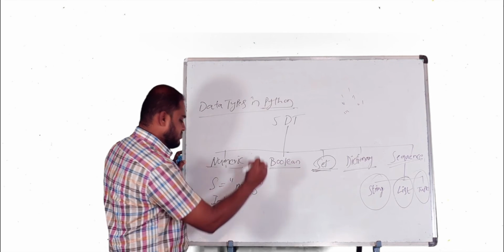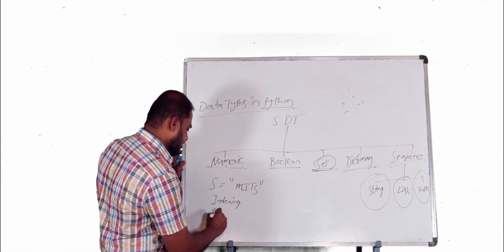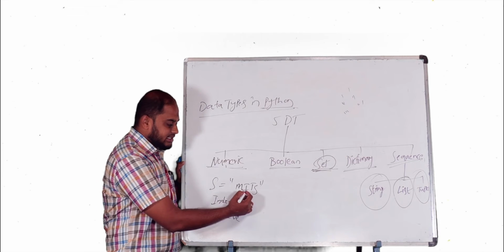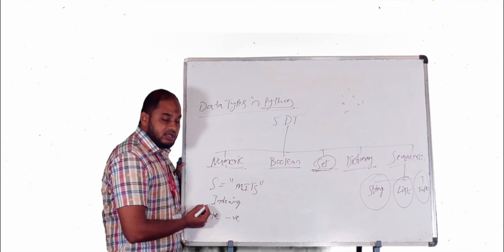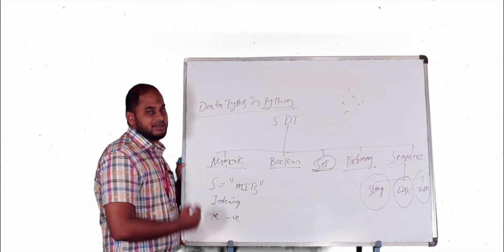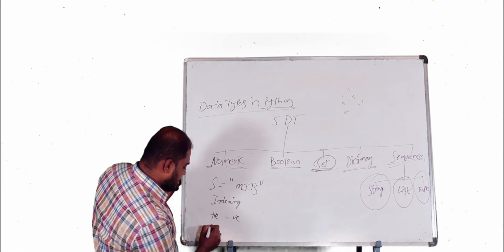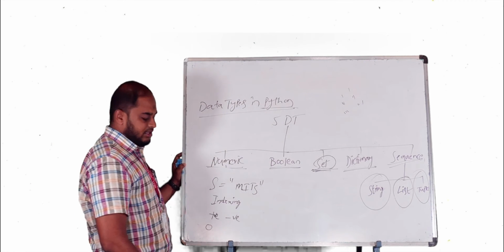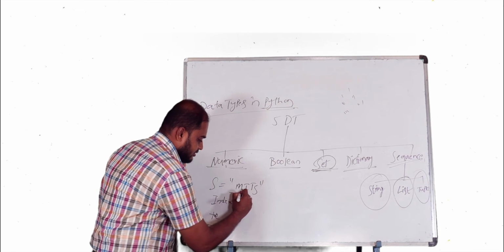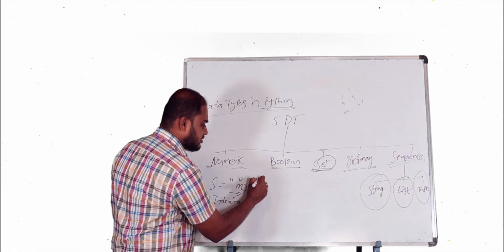So indexing in Python programming comes in two forms. One is positive indexing, another one is negative indexing. If you want to access a particular element in a string, you can follow the concept called indexing. Positive indexing starts the index value with 0 and it will start from the left side, so the index values will be 0, 1, 2, 3.